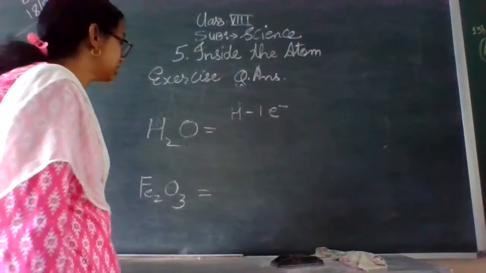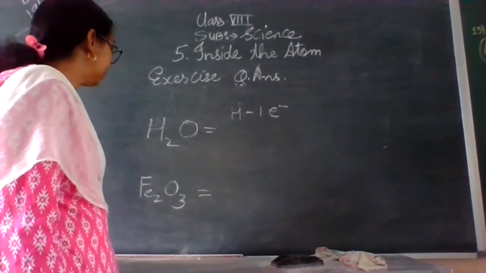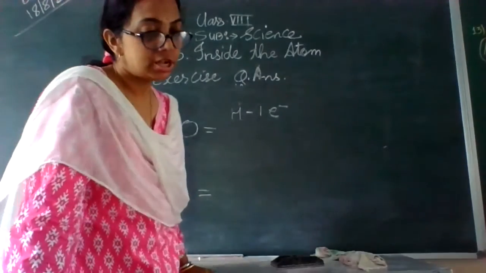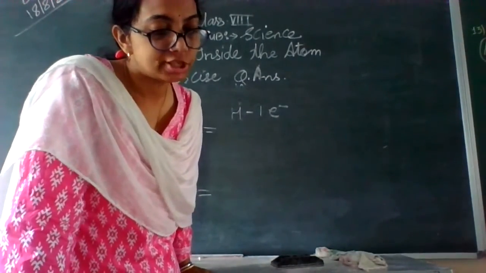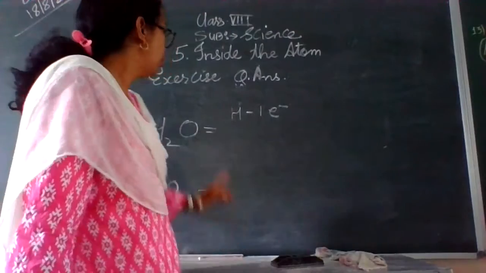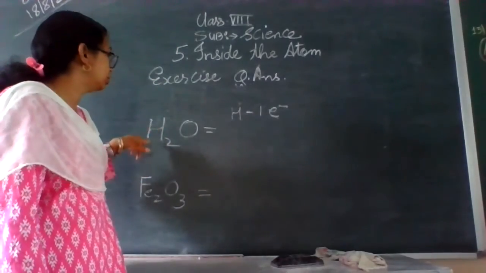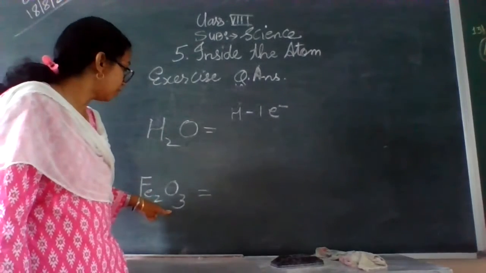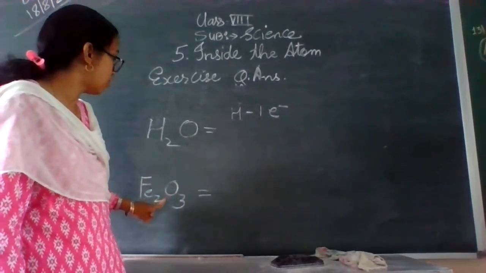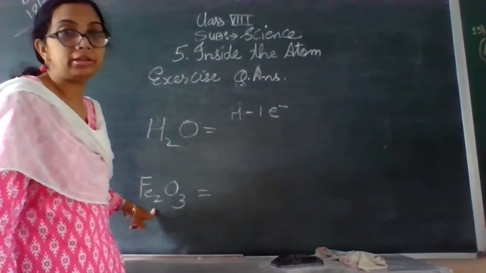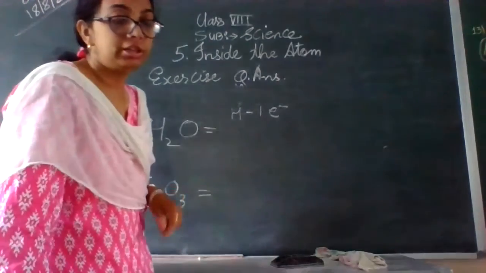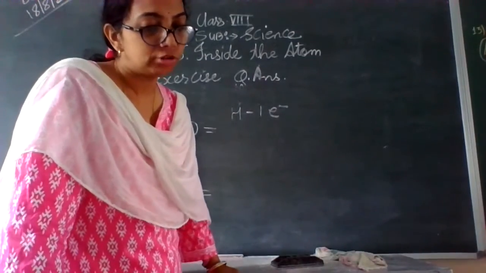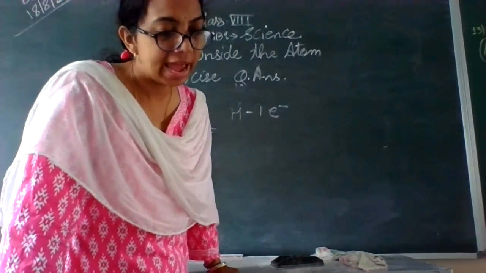In that case, how can you accommodate 2 iron atoms with 3 atoms of oxygen? With 1 atom of oxygen, you needed 2 electrons. In this case of 3 atoms of oxygen, 2 iron atoms needed to be accommodated. So you have to write down the answer in this blank.